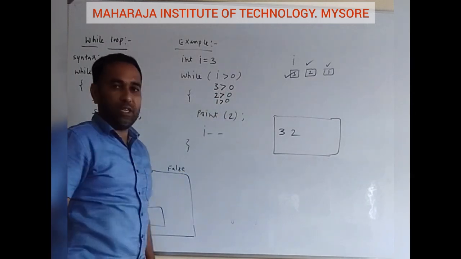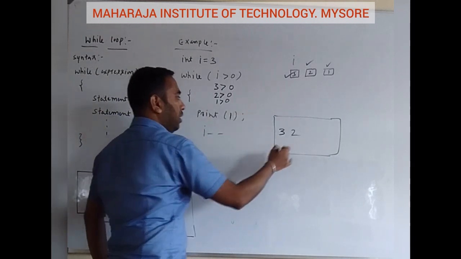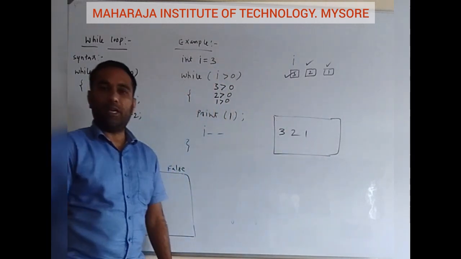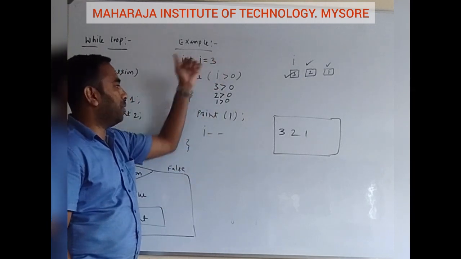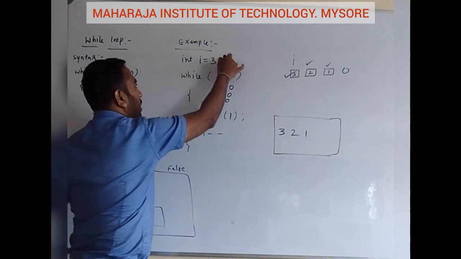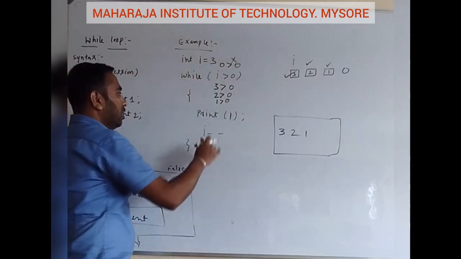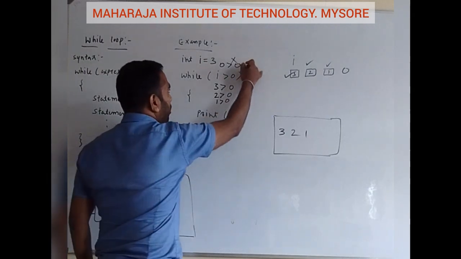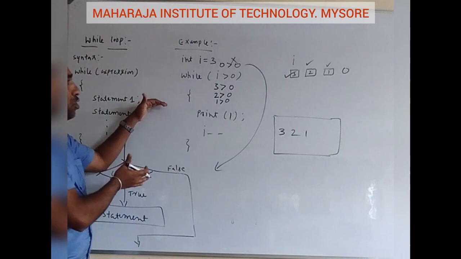Yes, 1 is greater than 0, and then it will print 1. Then it will decrement the i value, and i becomes 0. Now 0 is greater than 0 is a false statement, so it does not execute the print statement. It will come out of the loop. This is a simple example using while.